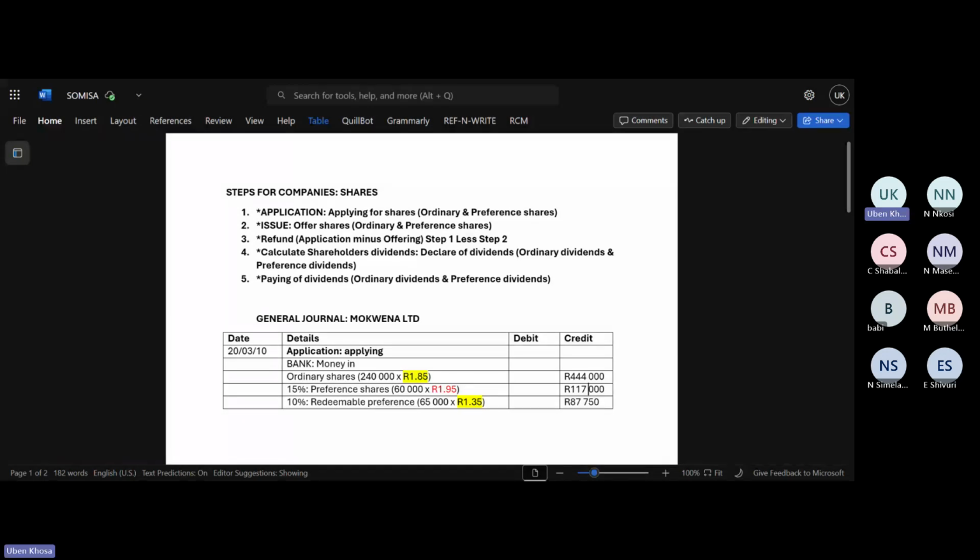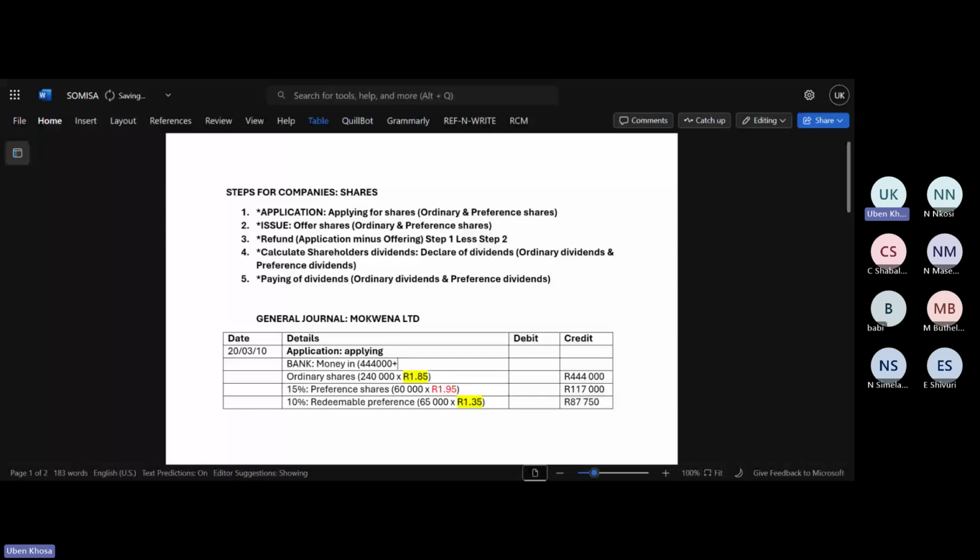So now listen to me. We said we are doing the first step, which is application here, meaning we only consider where they are applying. They applied for ordinary shares, we are done. They applied for preference shares, done. They also applied for redeemable preference, we are done. Meaning into our bank, they sent money for ordinary shares, preference shares, and redeemable preference shares. So let's calculate our total bank, meaning they sent 444,000.